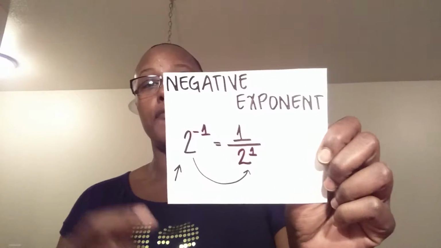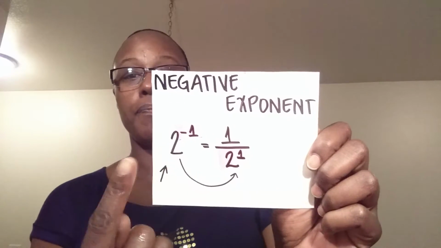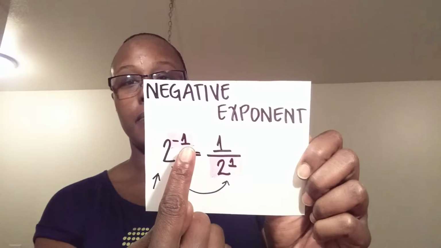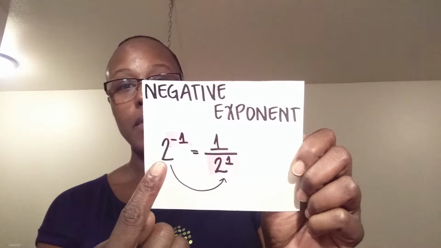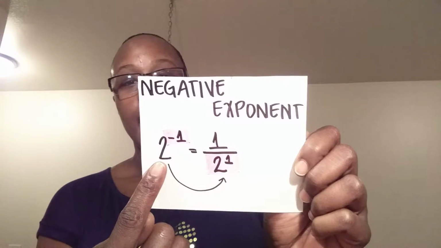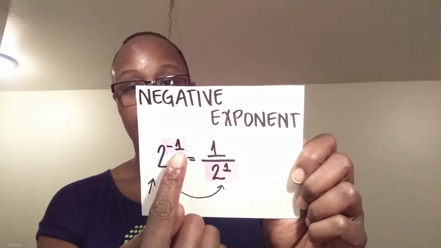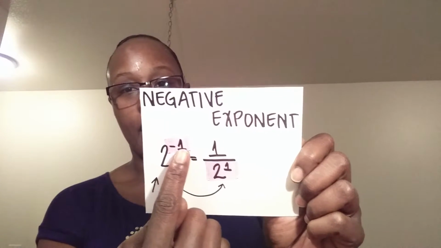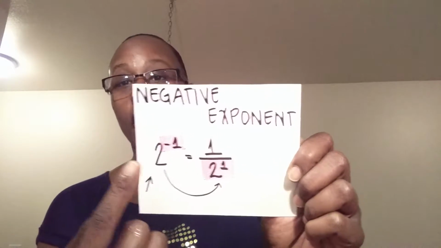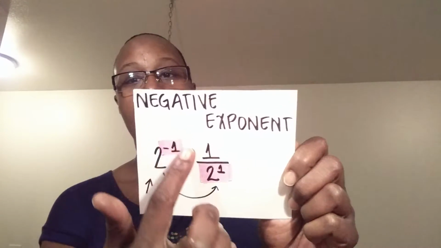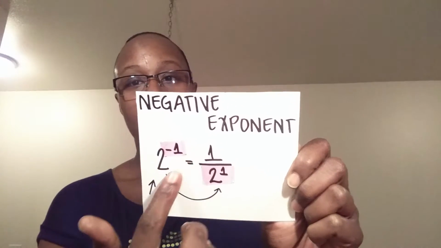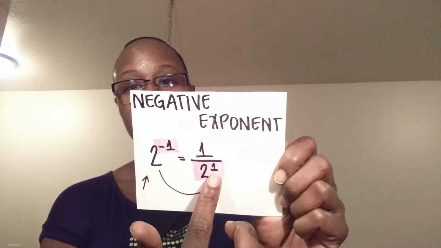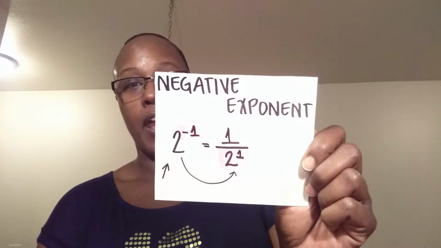So that's basically if you have a negative exponent, you have your coefficient, your base. And if you have a negative in the power, then all you do is you put the entire number under a 1 and make it a fraction.